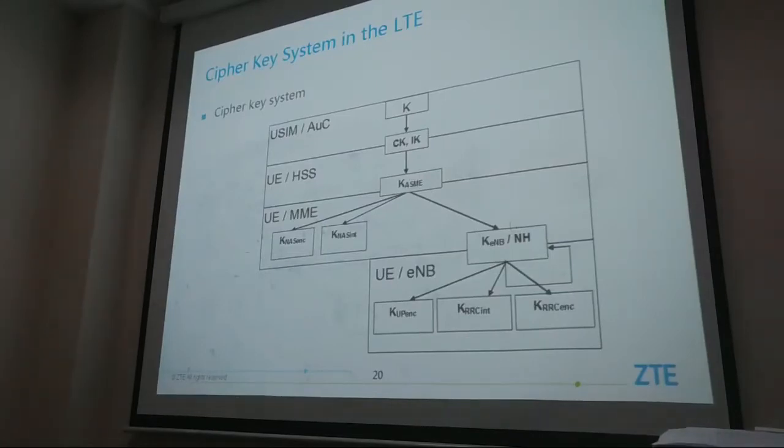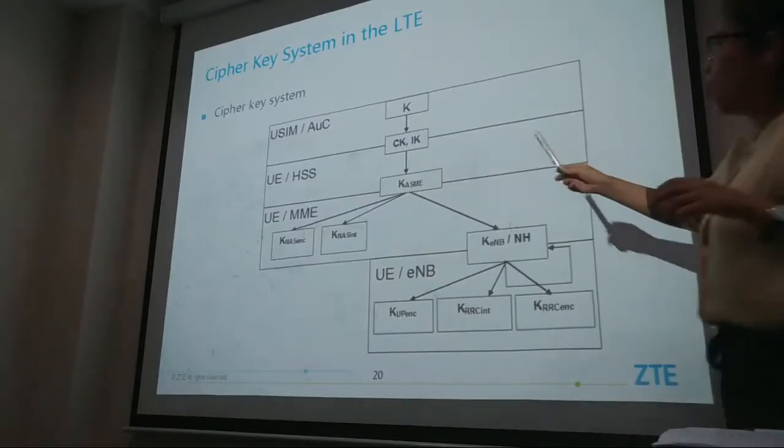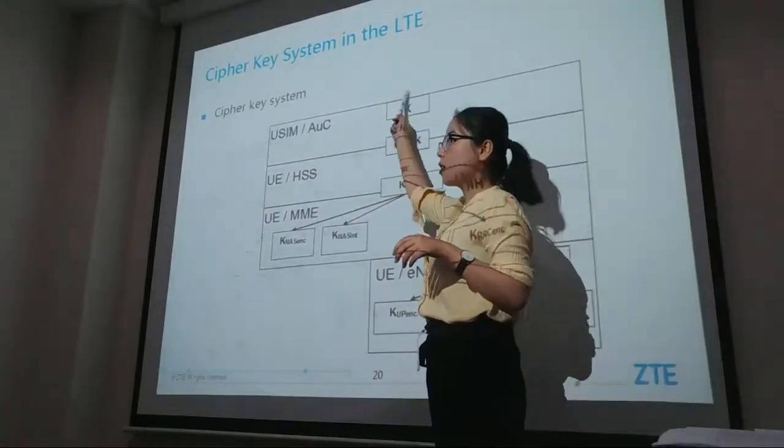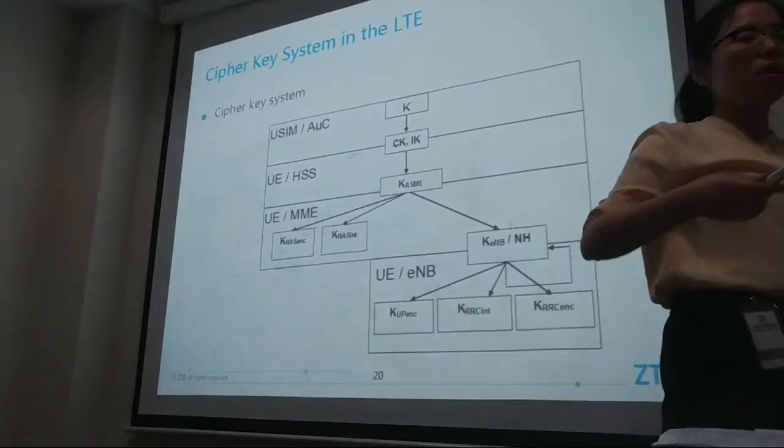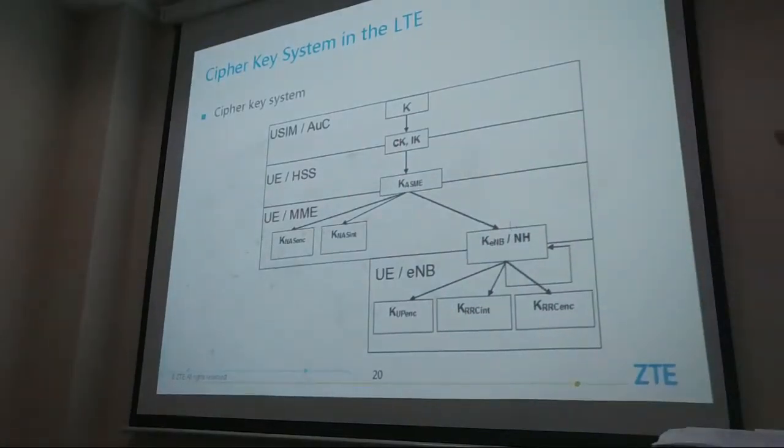The SIM card also has an authentication algorithm. In the HSS, in the authentication center, it will have this value, and in our SIM card, it also has this value.